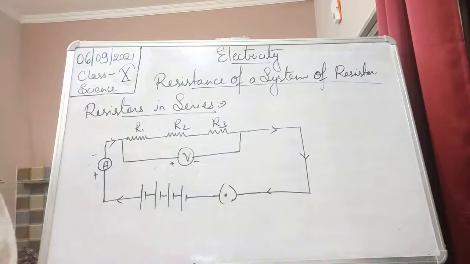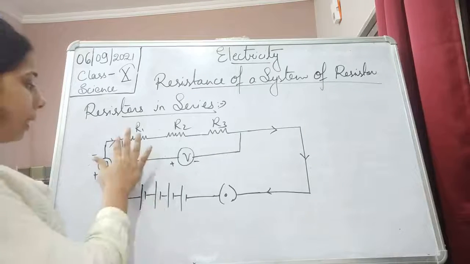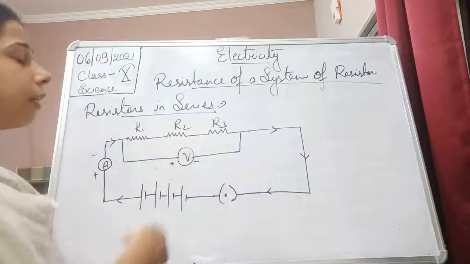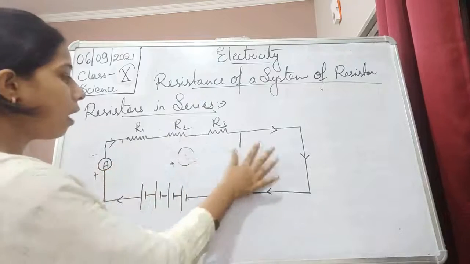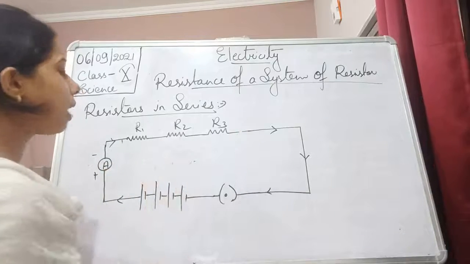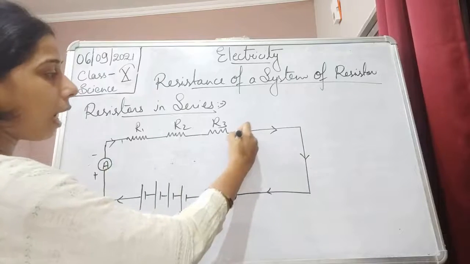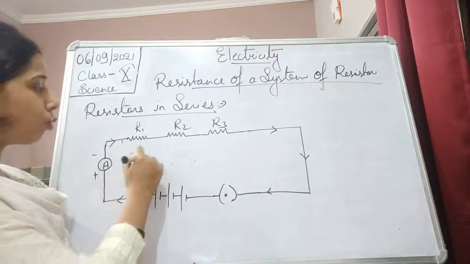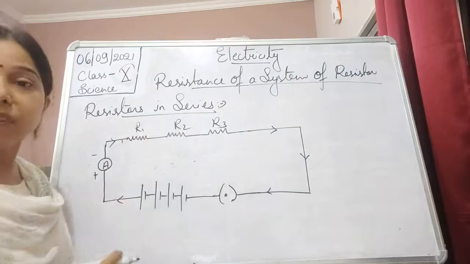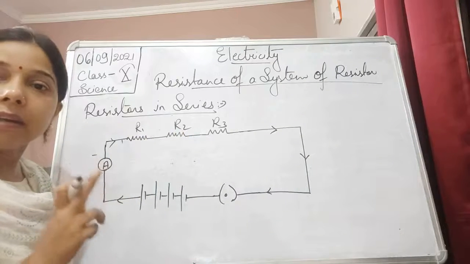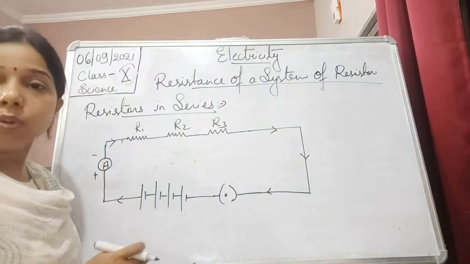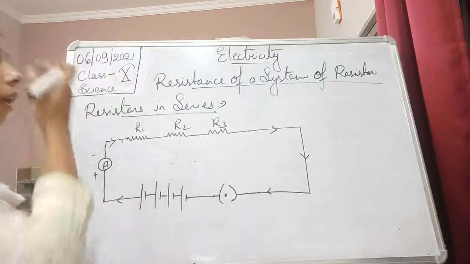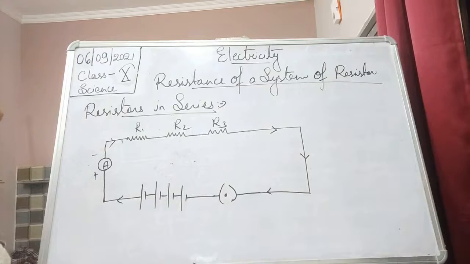First we will use the ammeter and try to find what amount of current flows through R1, R2 and R3. There will be no change in the current. The value in the ammeter remains the same when the resistors are arranged in series.